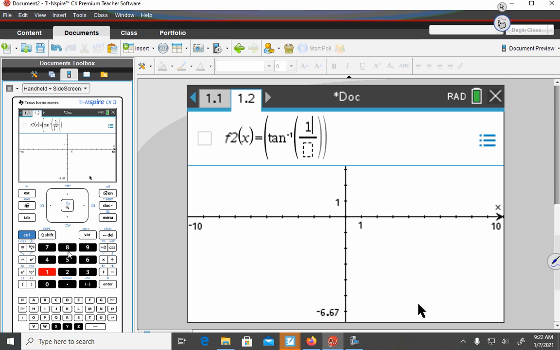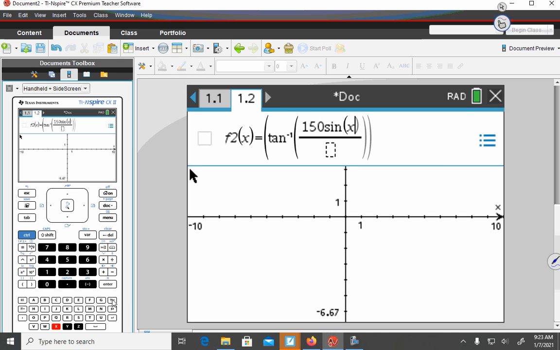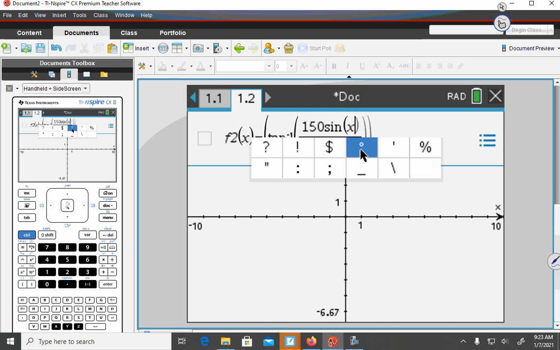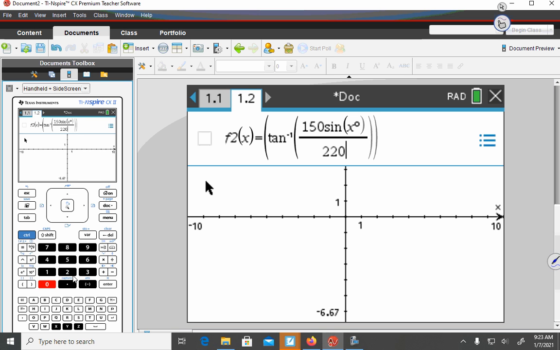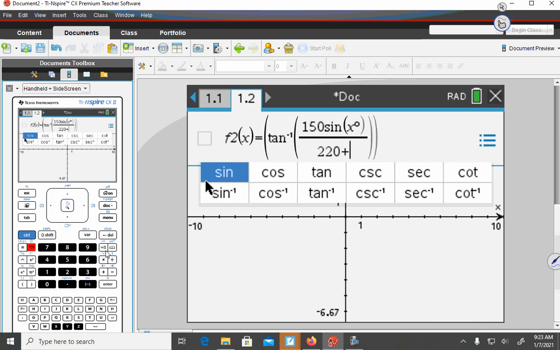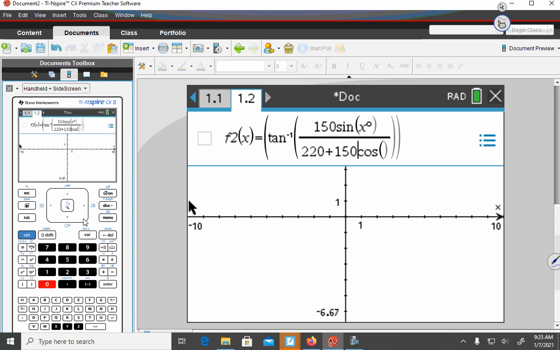I'm going to do 150 sine of x degrees over 220 plus 150 times the cosine, I always forget that, of x degrees.